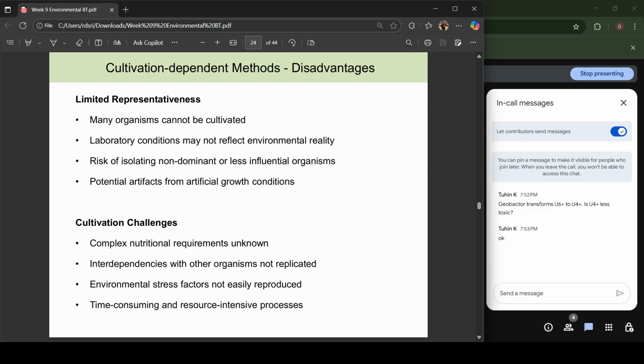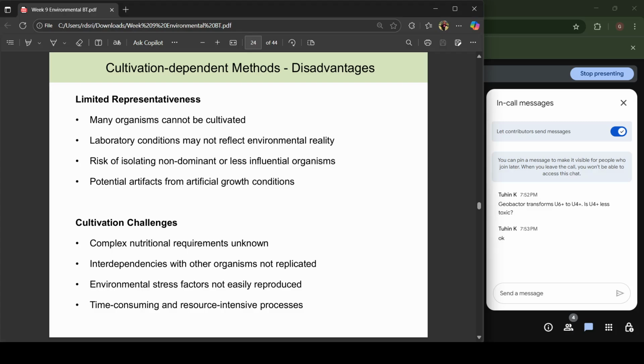But the major disadvantage is that many organisms are not cultivable, therefore we have limited representation, and we are at a high risk of isolating non-dominant and less influential organisms and leaving out the dominant organism just because it is not cultivable. Coming to the cultivation challenges, we need complex nutritional requirements for organisms that are unknown.